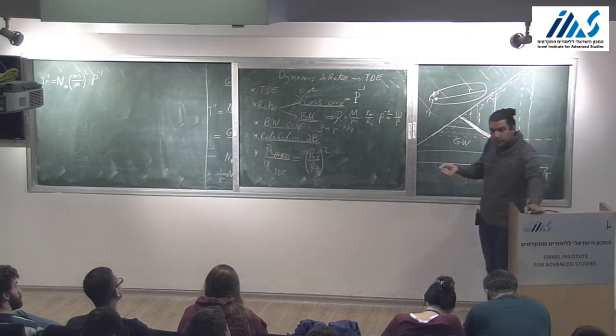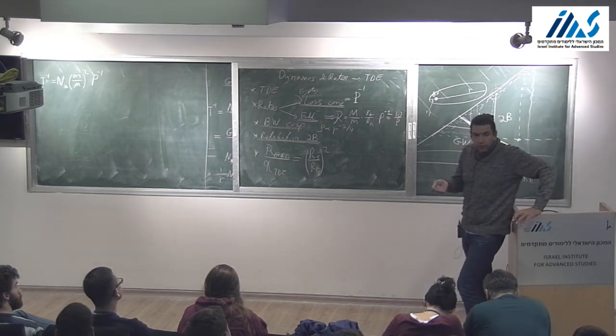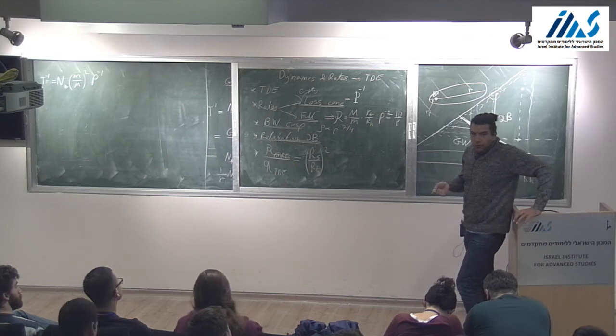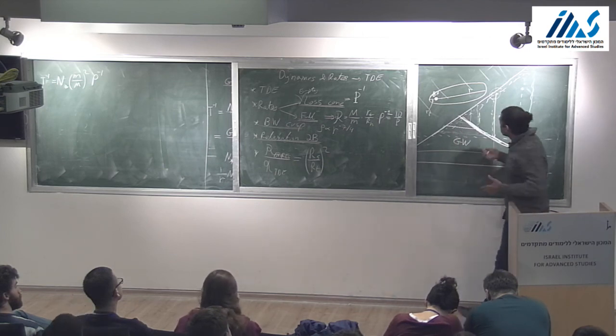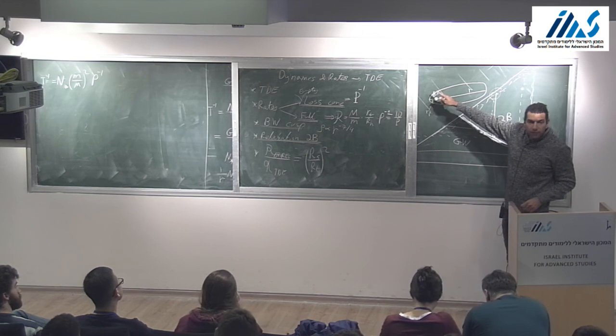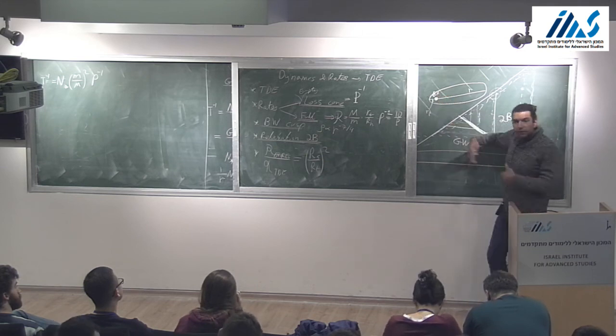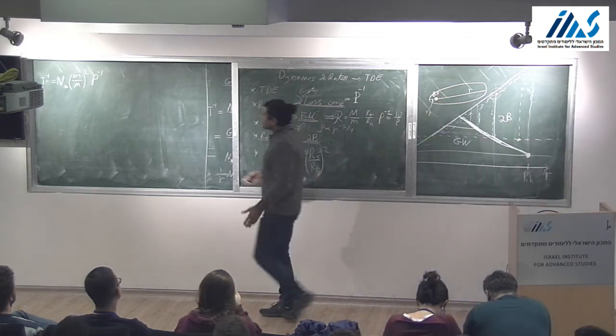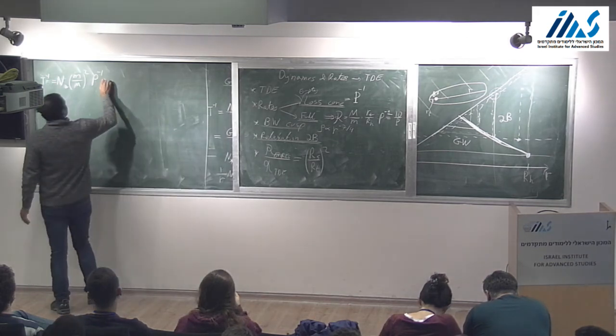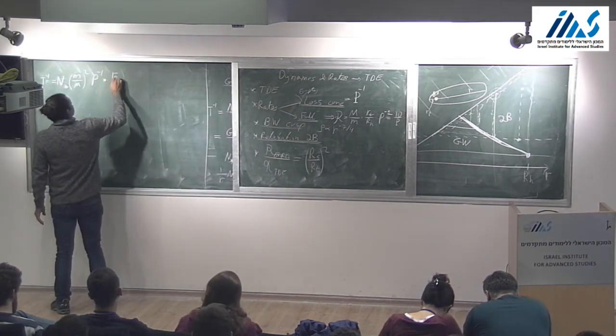Since it's a diffusive process, it's smaller by the square of the angular momentum. And since the angular momentum is the square root of the periapse distance, the square of the angular momentum is just proportional to the periapse distance. So I'll multiply this by Rp over R.